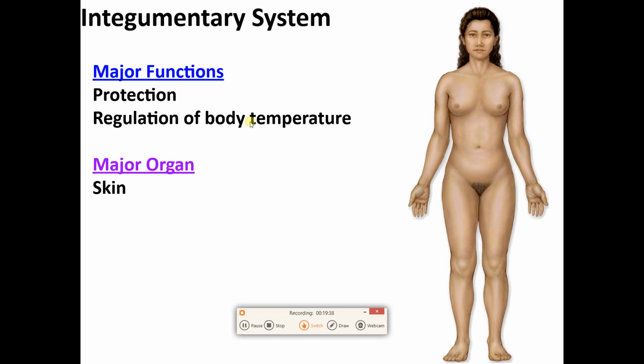If I were to put on a sweatshirt and then a jacket and some sweatpants and start doing some jumping jacks, you would see my skin and my face turn bright red as my skin tries to help shunt blood and heat to the surface, to help me regulate body temperature. So really two humongously important functions we've got here.